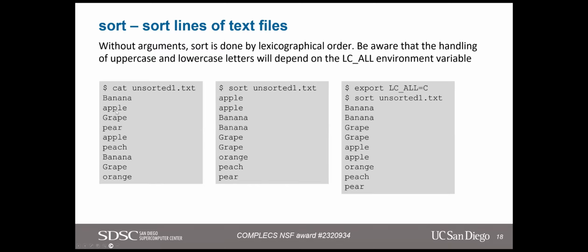So in this example, we have unsorted text with a bunch of fruits in it. If we use sort without setting that export, it might be the default depending on the system you're on, but it might not. So if we sort unsorted.txt, we'll get apple, banana, where the capitalization is not considered. If we use this, then we know that we're going to get capitals first and then the lowercase.